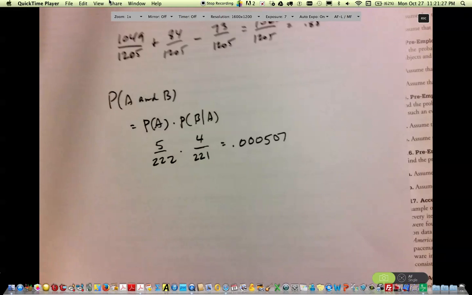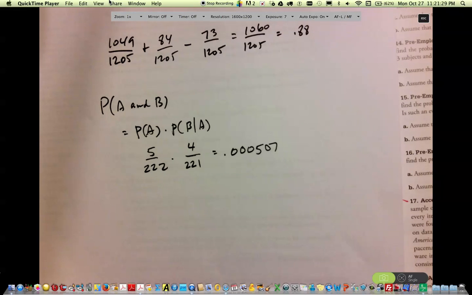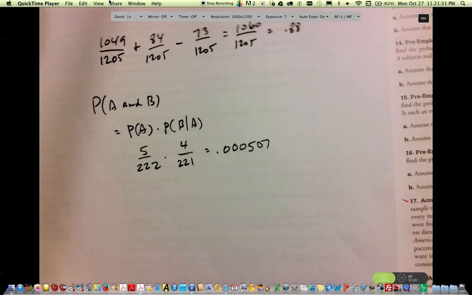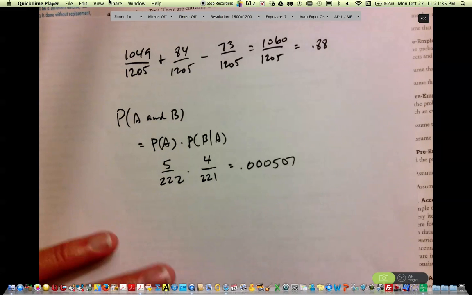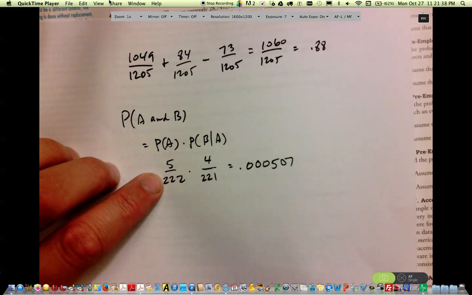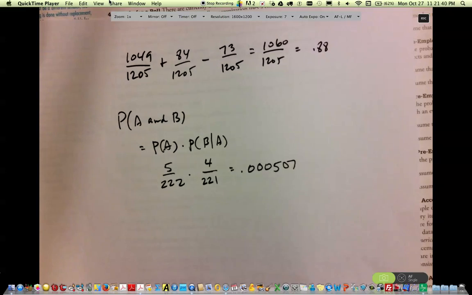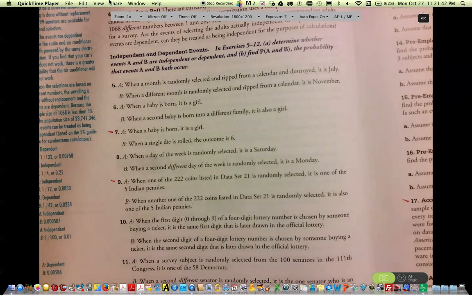So a very, very small probability that we're going to get 2 Indian pennies out of this 222 coins. That should make sense. It's going to be very rare that we get 1, let alone 2 in a row. So those 2 events are not independent.